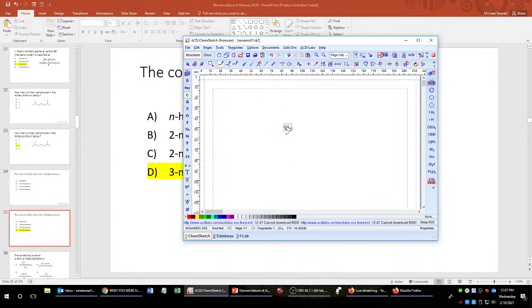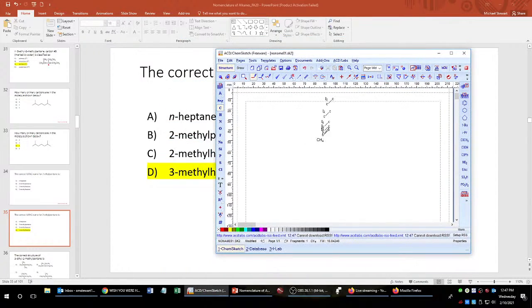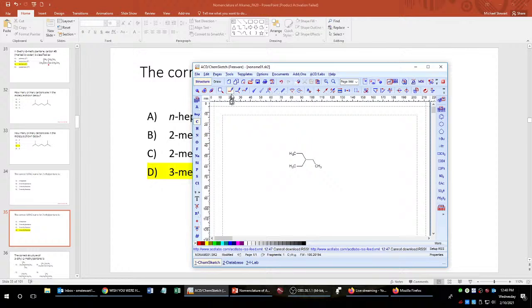If we just draw out what they have written, which is 2-ethylpentane, so 1, 2, 3, 4, 5.